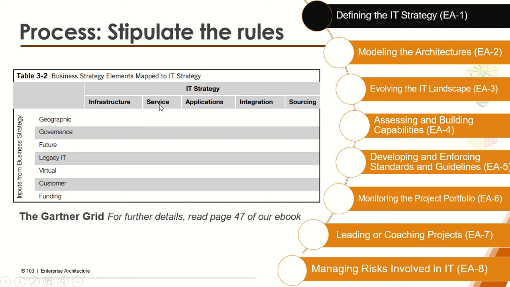We also have service. This concerns the services provided by the IT department to the enterprise, to partners, and even to customers. We also have applications. This is about the portfolio of applications, their business functions, and the process and the organization it supports. We also have integration.